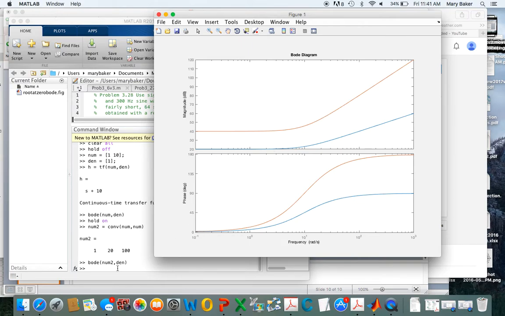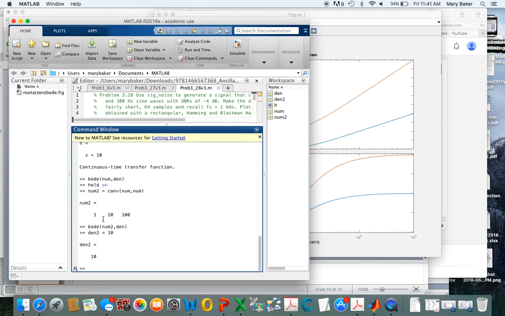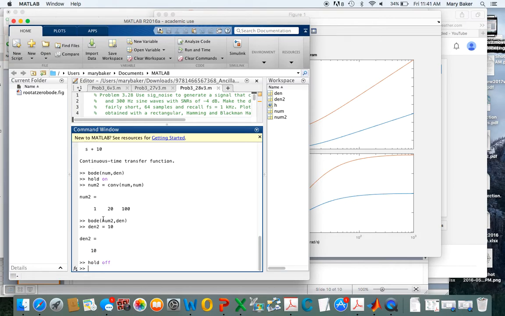In fact, let me go back and give this a denominator of 10, and then that'll give them both the same gain. So let me hold off and do Bode of numerator over denominator again.